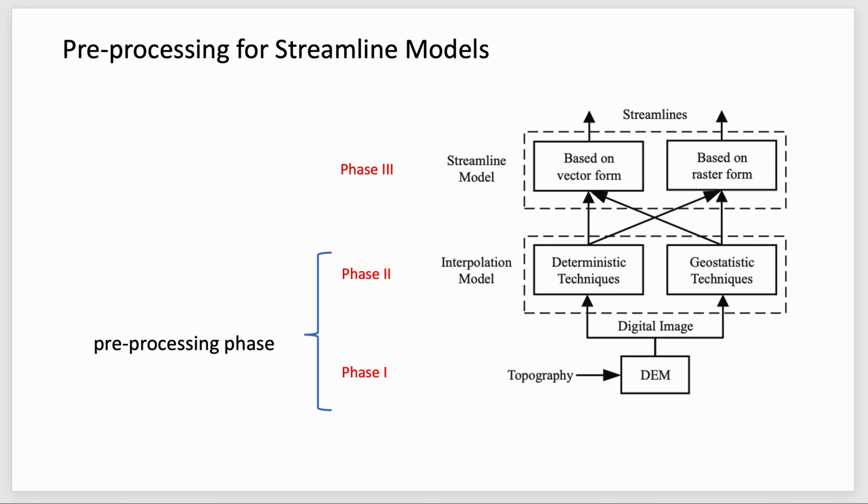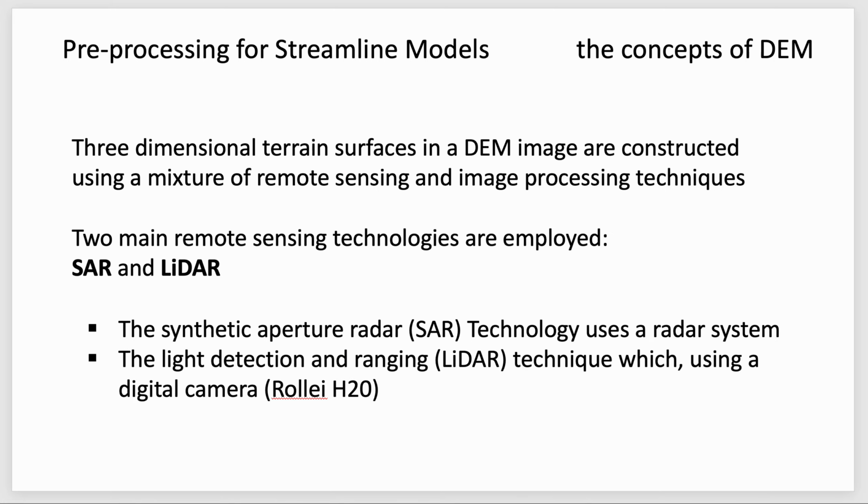Okay, let me talk in detail. The first phase and second phase we call the pre-processing phase. As I mentioned before, the first phase takes data from DEM and gets it from two main remote sensing technologies, SAR and LiDAR.